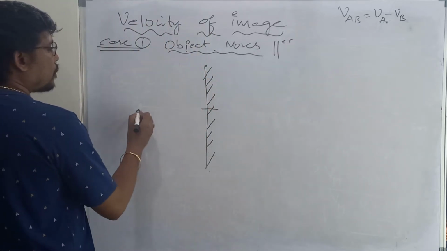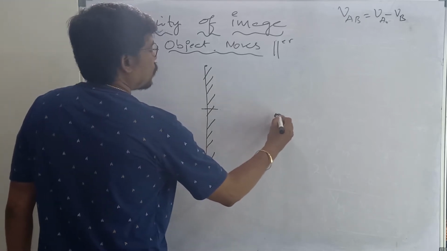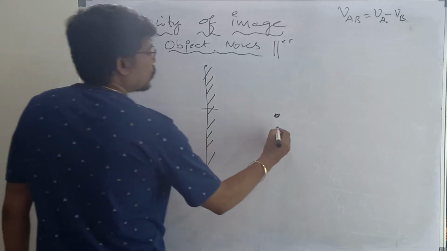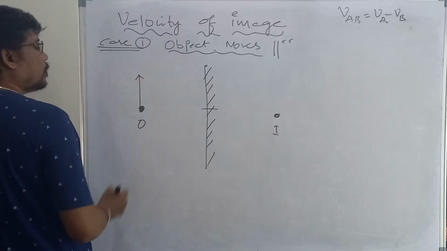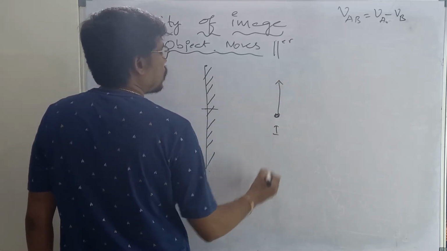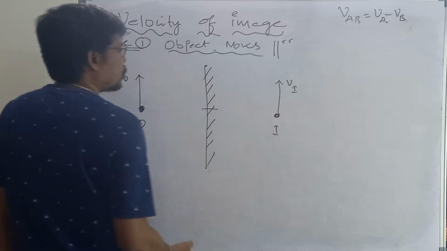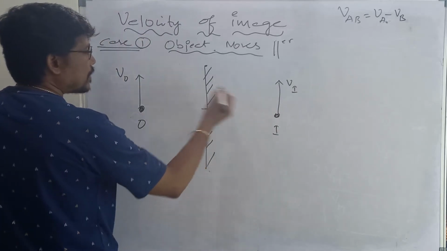In this case, what happens? Here is the object as usual, and here is the image formed. The object moves parallel to the plane of the mirror, that is the velocity of the object. In this case, this is also the velocity of the image. So see, they are moving in the same direction.